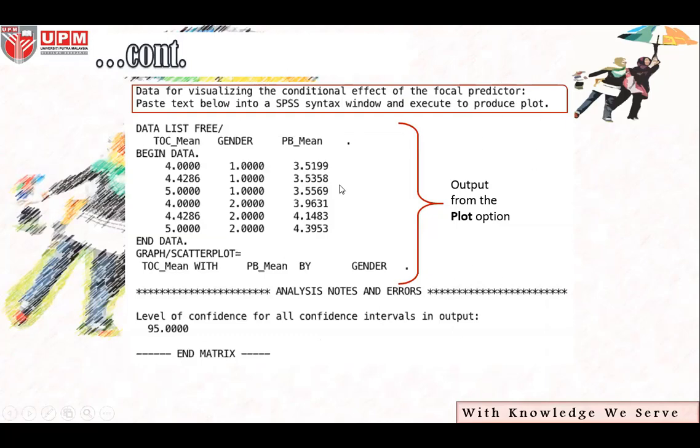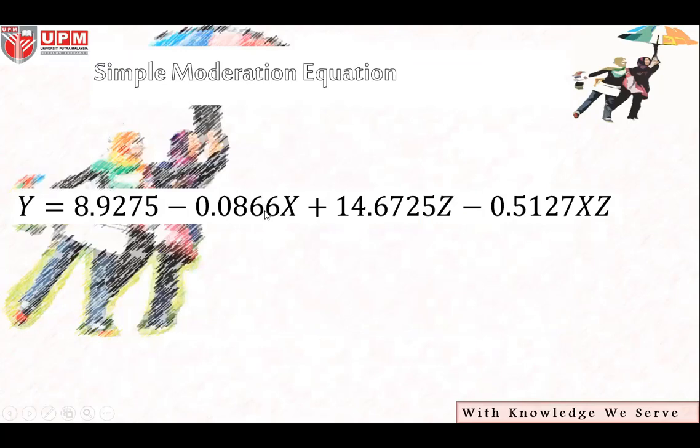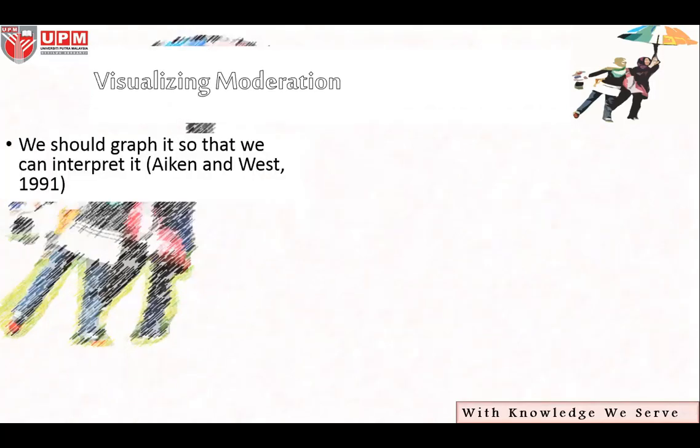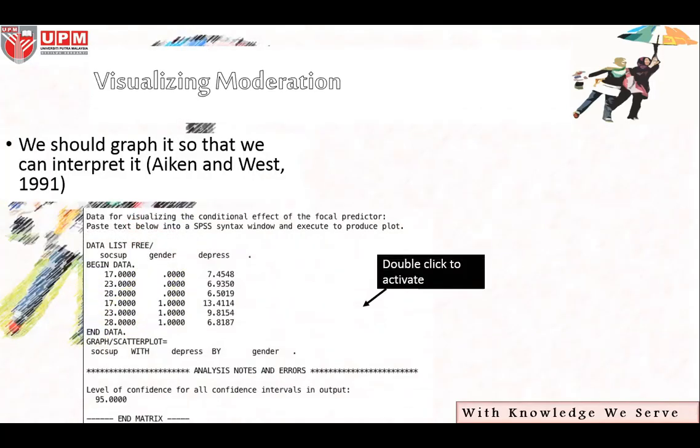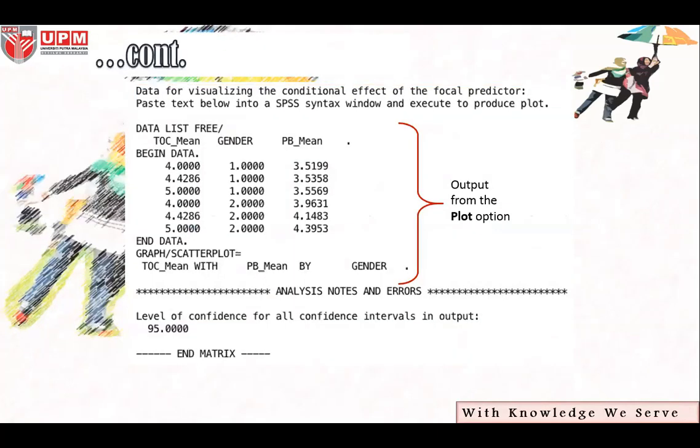We need this data later to present in our graph. So this is the simple moderation equation. We just get the values from the output. To visualize the moderation effect, as suggested by Aiken and West, we need this value, and the value that I highlight, we need this value.